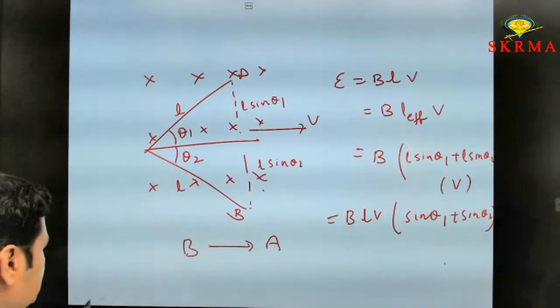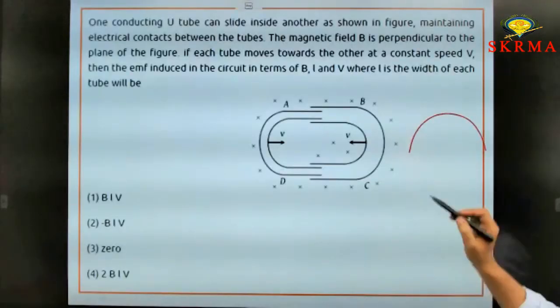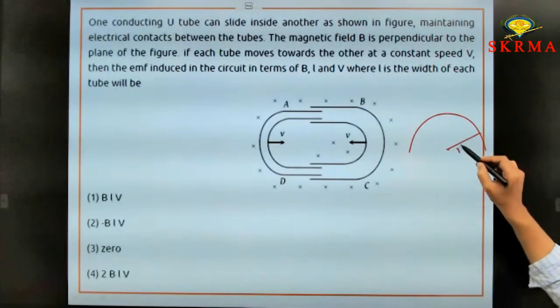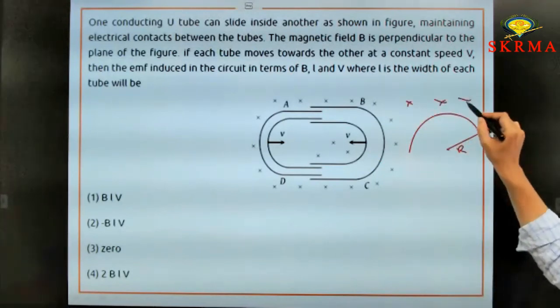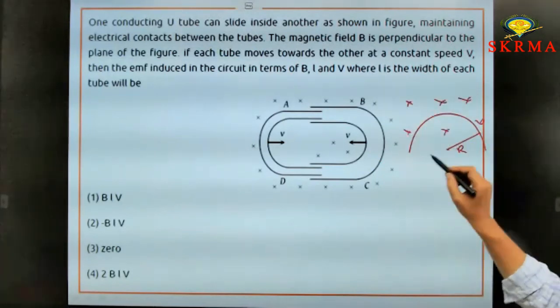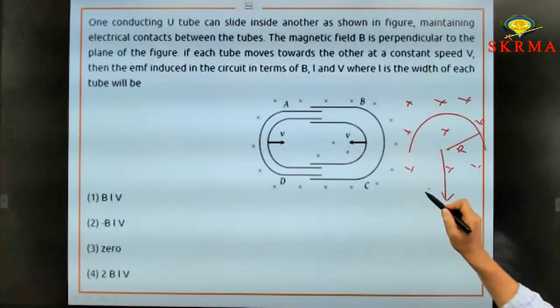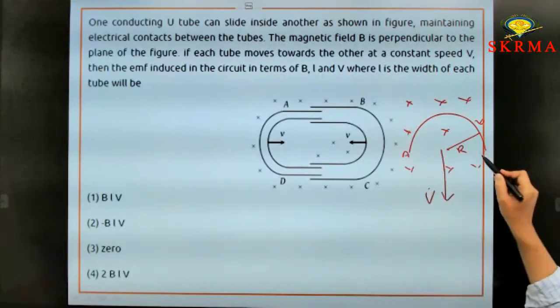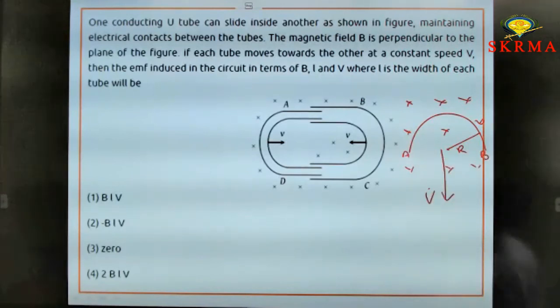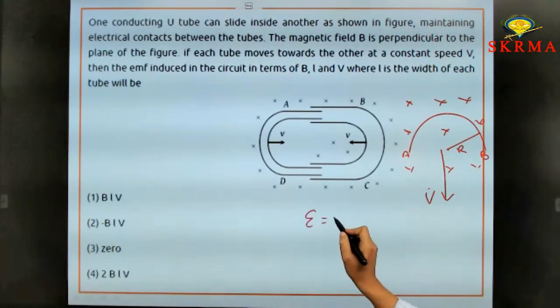And the next one is there is a conductor of radius R moving in a magnetic field, moving downward with velocity v. Here is a point A, here is a point B. What is the induced EMF E? And we also have to find the direction of current. The two things are very important. What is the E value?